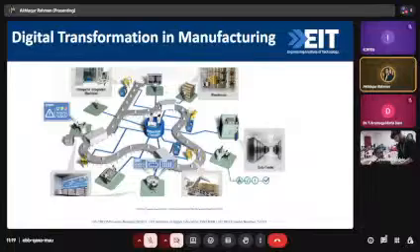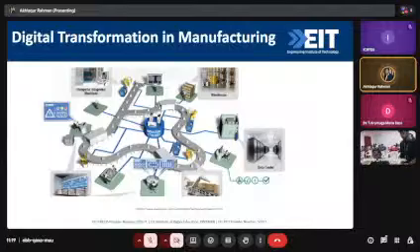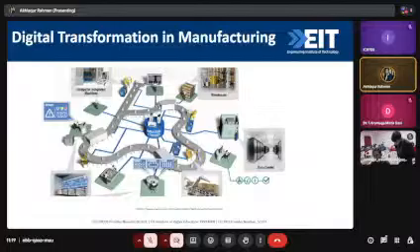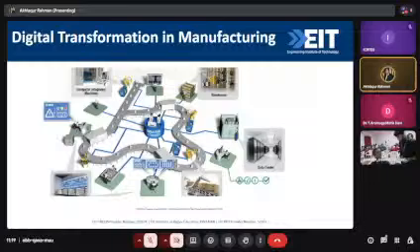So here, with the help of automation and design, determining manufacturing equipment, designing the production layouts, developing the necessary software and control logics, even more with the raw materials, more automated handling of the materials.